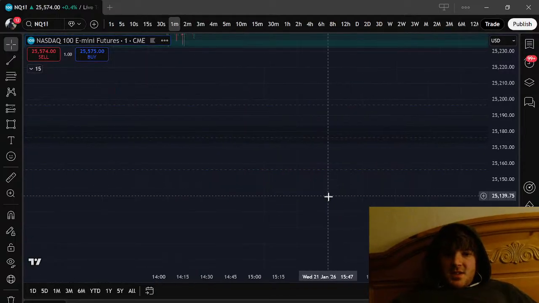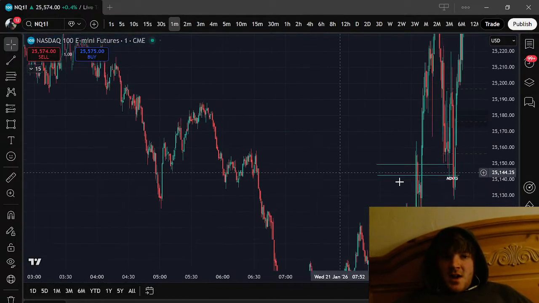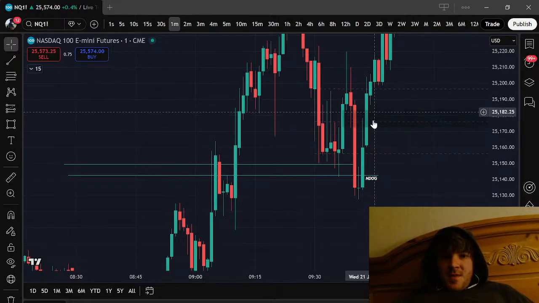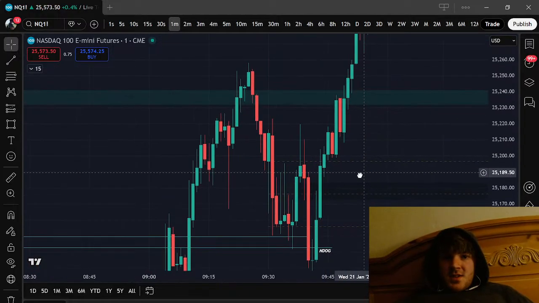I was actually looking for a first strike. We just never got it. I was looking for maybe a move lower into this and then continuation. We never got it.